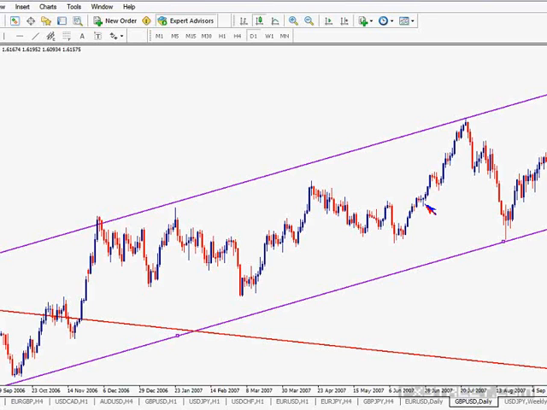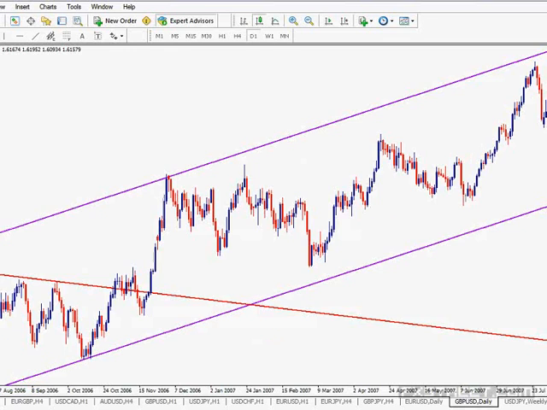You can also see at the end, here we are at the end of the channel, how the price action failed to break higher, and we have a strong break to the downside and even an acceleration gap in the middle with a continuation to the downside.